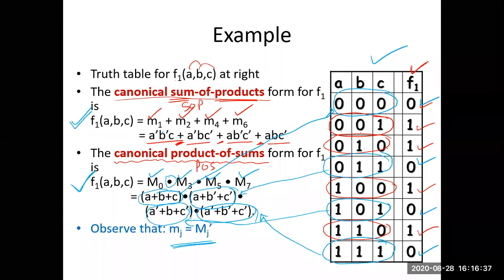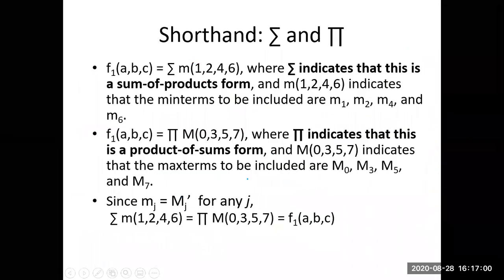If there is no don't care case and you have some values of 1 in your function, the rest of the values are basically 0. So here, if 1, 2, 4, 6 are 1, then 0, 3, 5, 7 are 0.